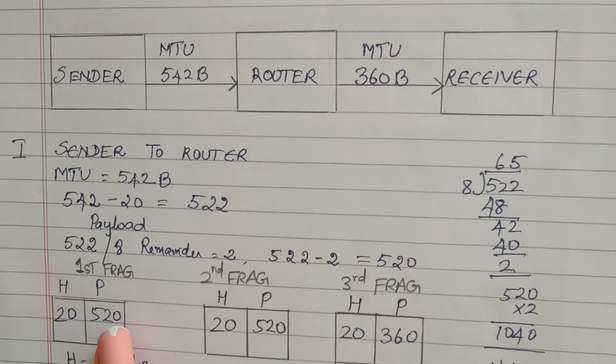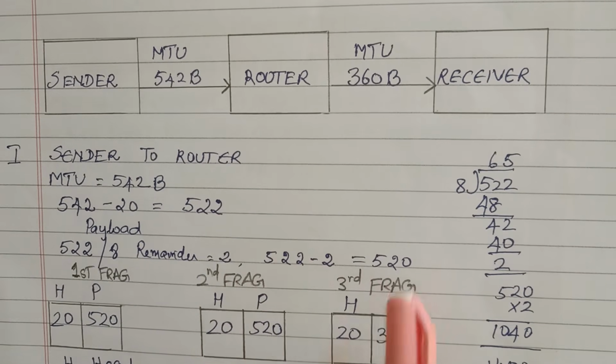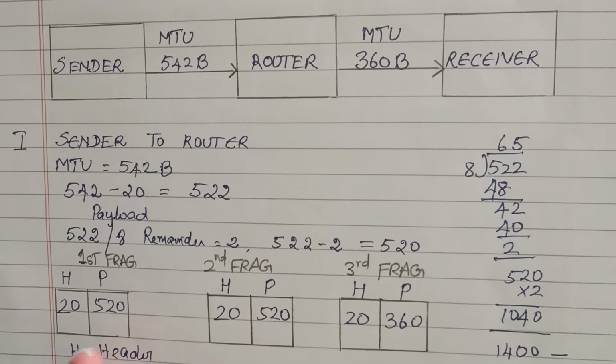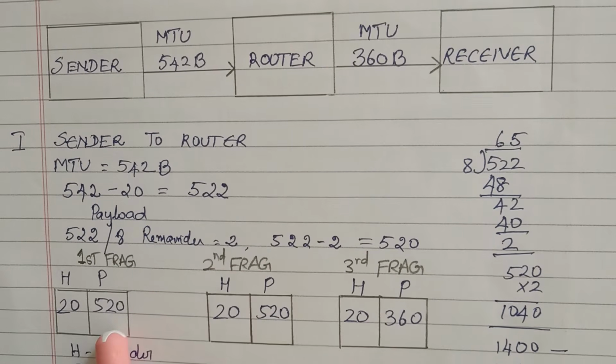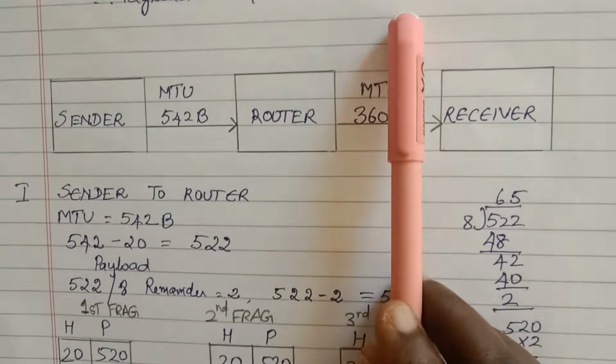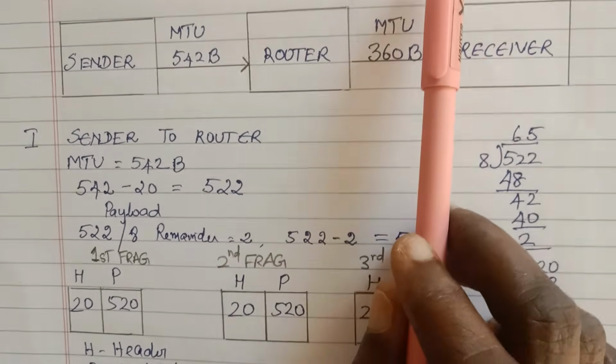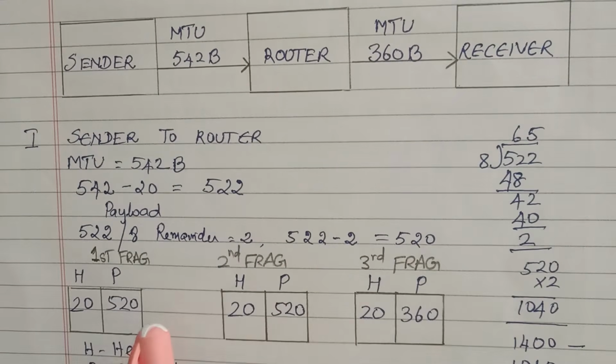So the header is 20 and the payload is 520. The payload of the datagram is 1400, and we have to split that 1400.